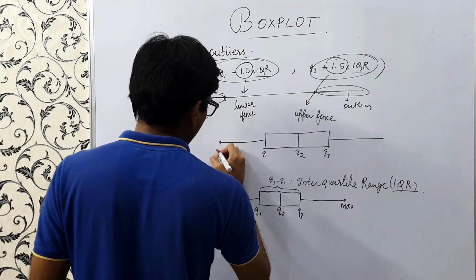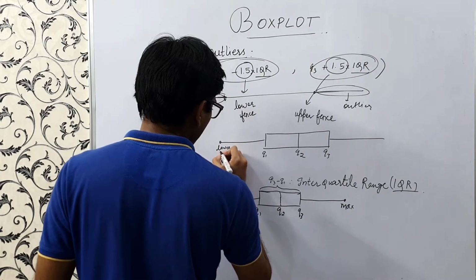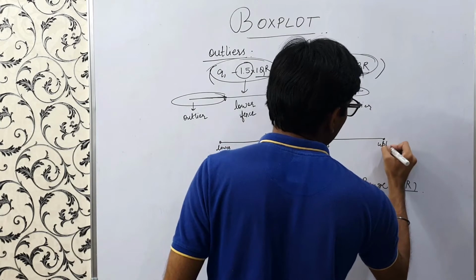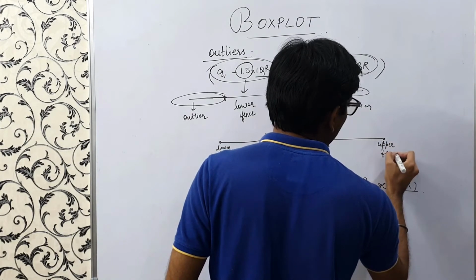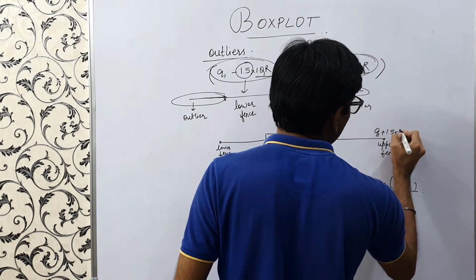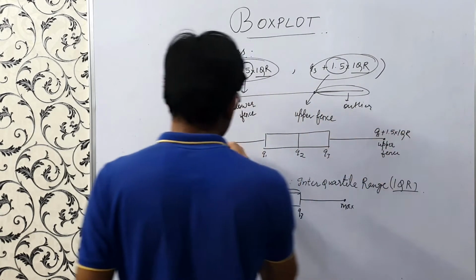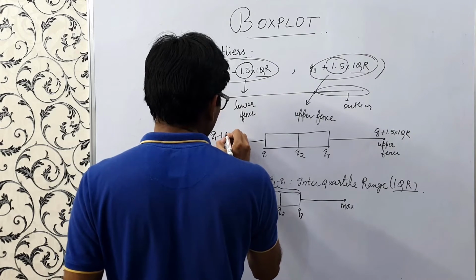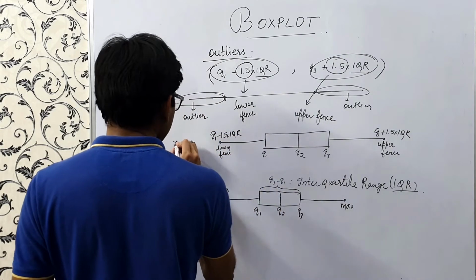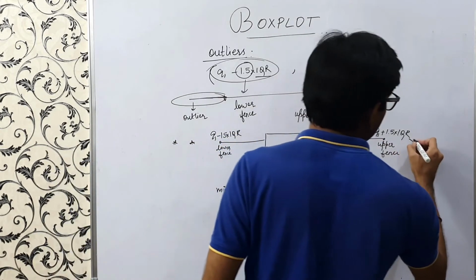This is our lower fence. This is our upper fence, which is nothing but Q3 plus 1.5 into IQR, and this is nothing but Q1 minus 1.5 into IQR. And suppose if any outlier is there, we'll just mark it as a star.